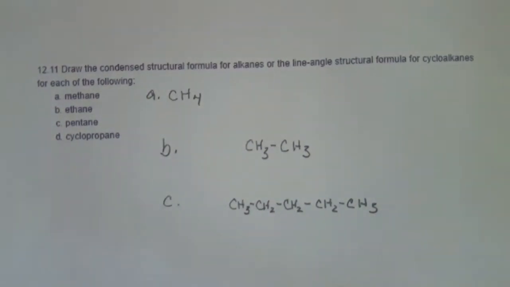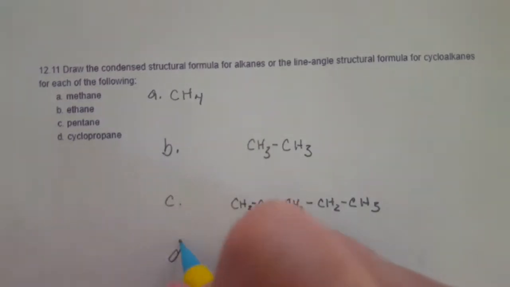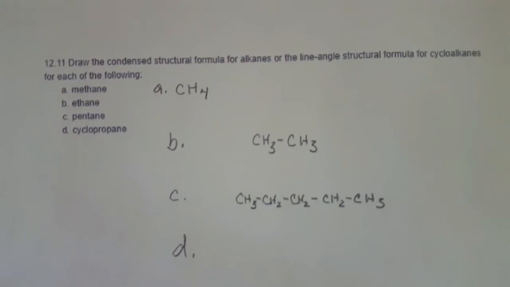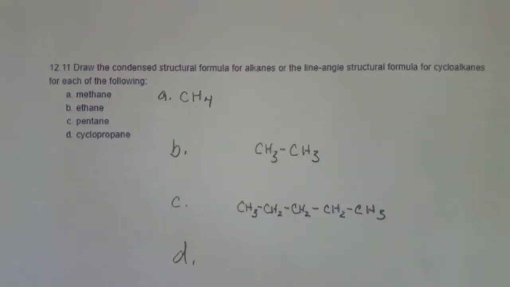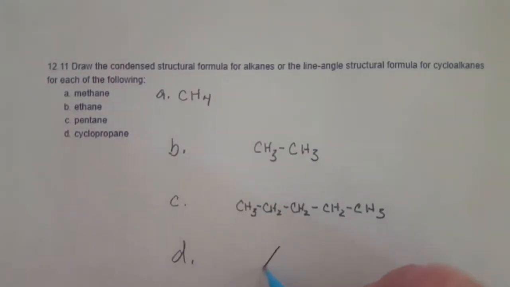So that's pentane. D is cyclopentane, and this allows you to draw it in a line angle structure. So prop is 3. So here is the line angle structure of cyclopropane.